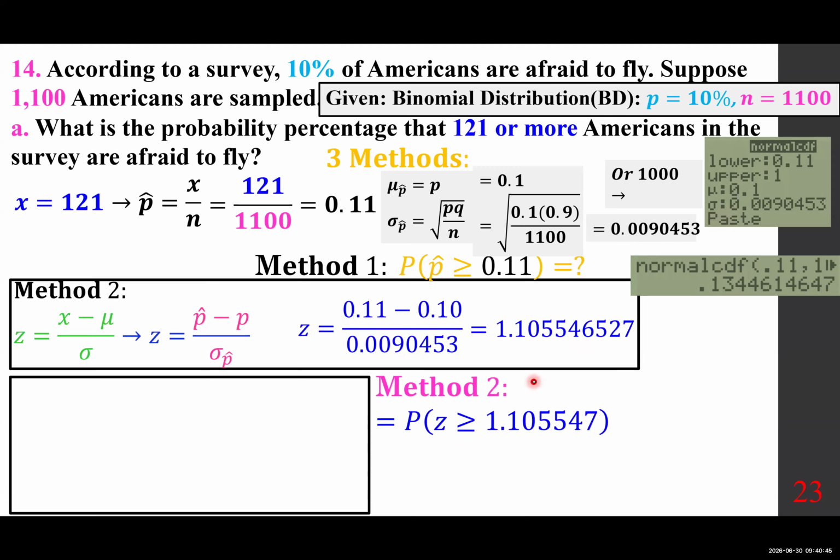We also have method 3. As you recall, in the case of a binomial distribution, when x is larger than or equal to 121, we go with the continuity correction factor of 0.5. We either add 0.5 or subtract. If I add, now let me show you again.